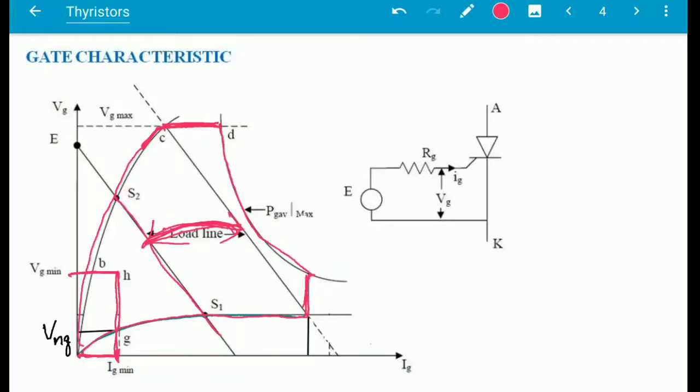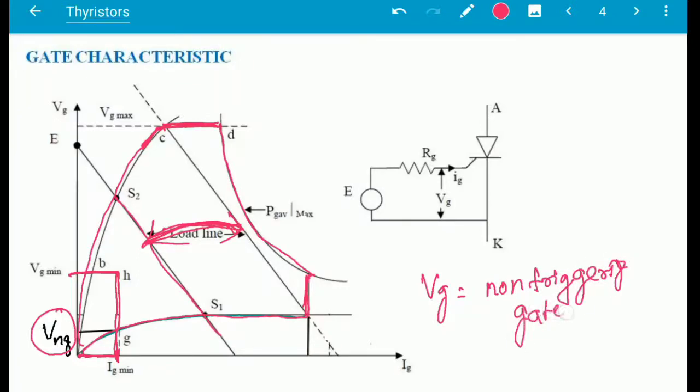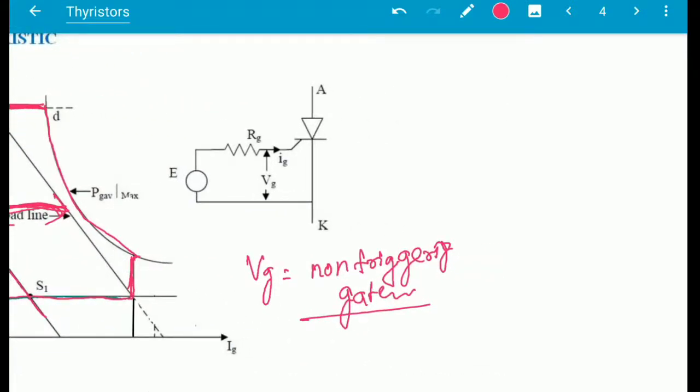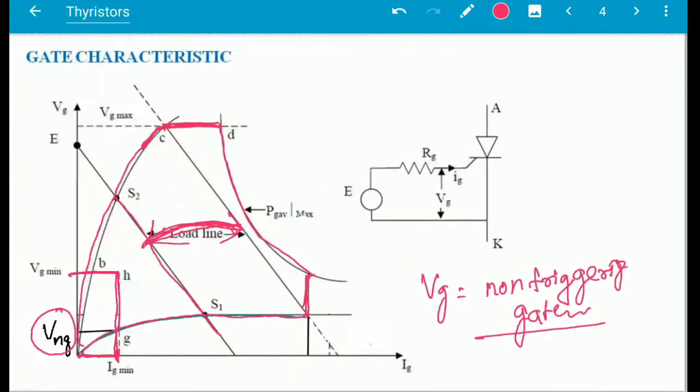And here is another one, VNG, that is called the non-triggering gate voltage. What is its significance? The non-triggering gate voltage is the voltage below which all the unwanted signals should be. That means all the unwanted, non-required signals should be less than the non-triggering gate voltage. So this is the gate characteristic.